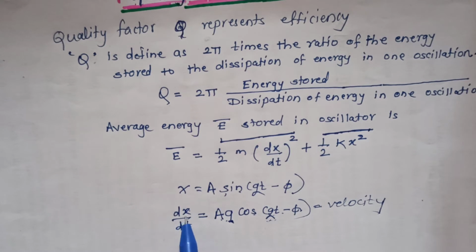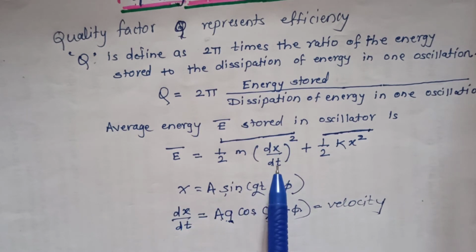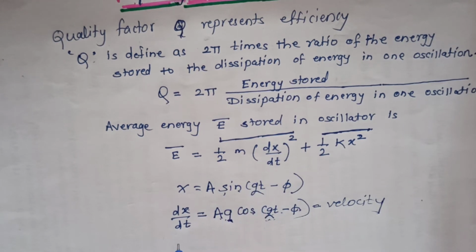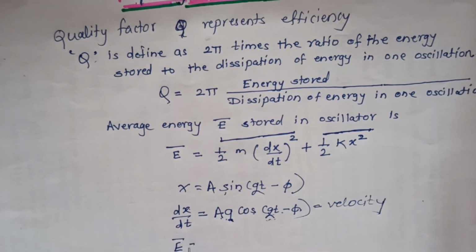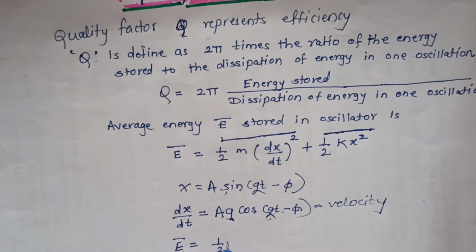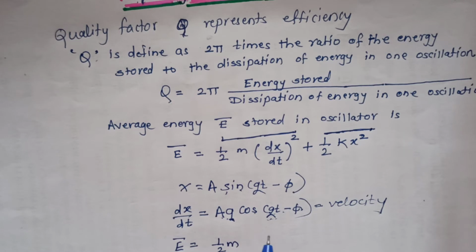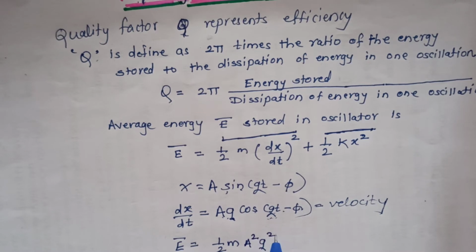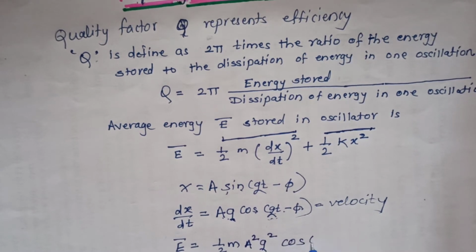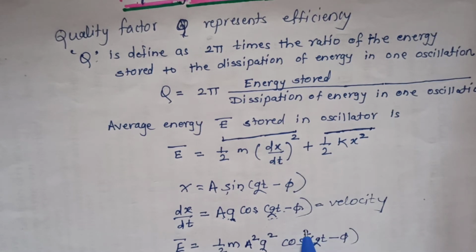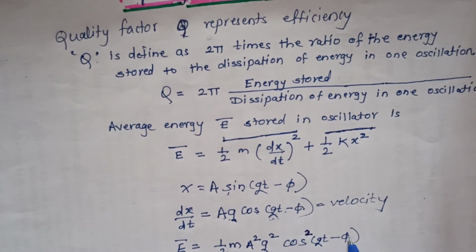Put the value of dx/dt in the energy equation, then we get E bar is equal to 1/2 m (dx/dt)^2. It means a^2 q^2 cos^2(qt - phi).